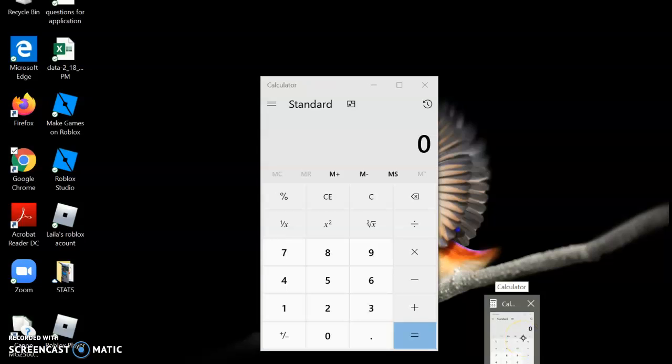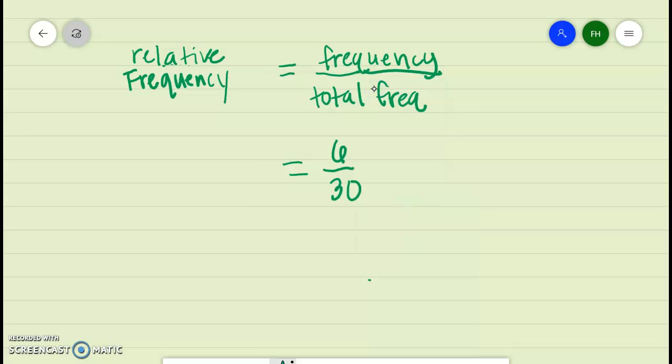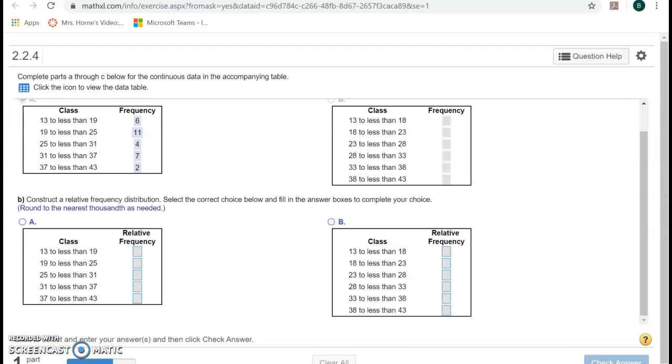They want you to round to the nearest thousandths. Of course, that one you don't have to because it comes out as 0.2, or 0.20, for the first one.